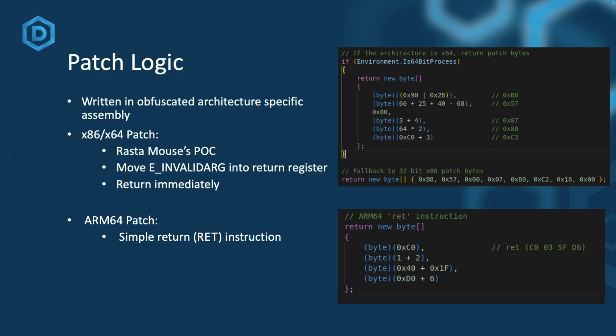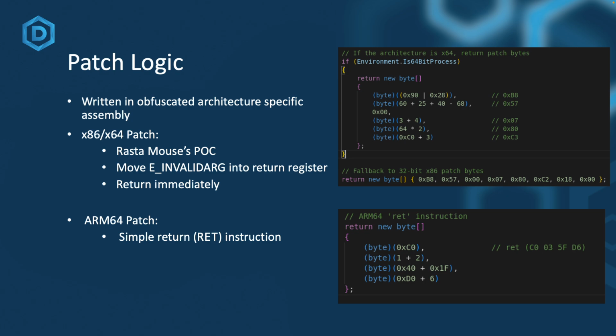So for the patch logic, it's written in obfuscated architecture-specific assembly. If you look at the two images on the side, you will see the code in C that actually has that assembly obfuscated in there.